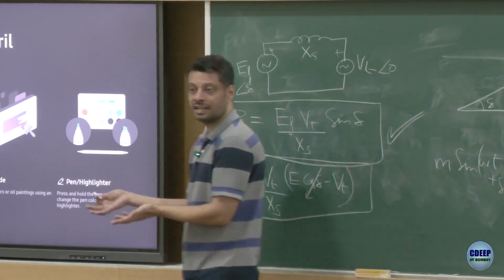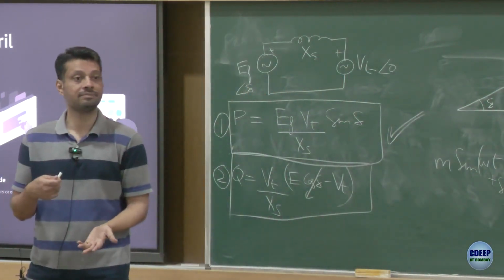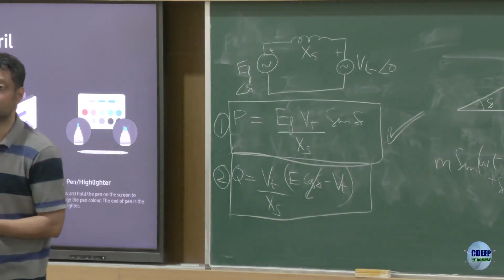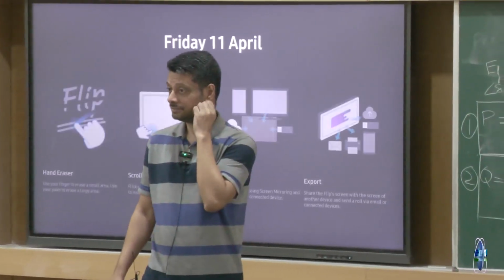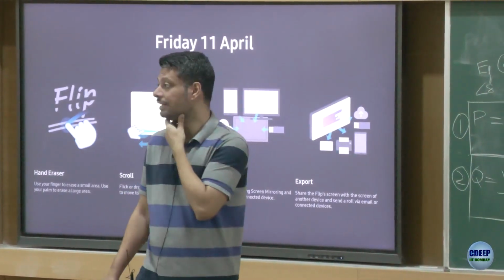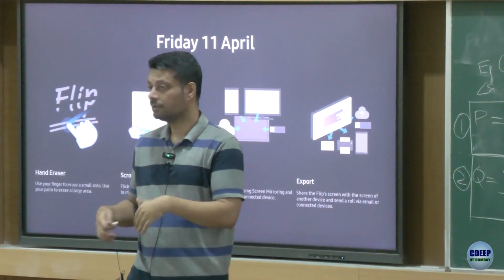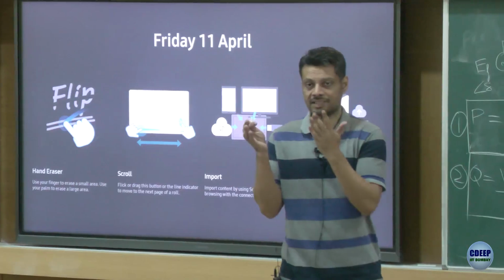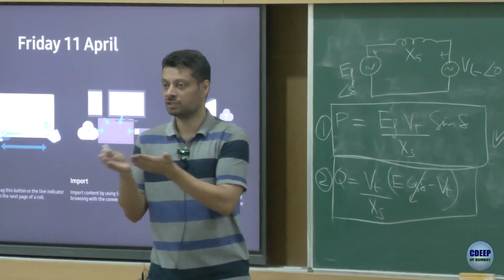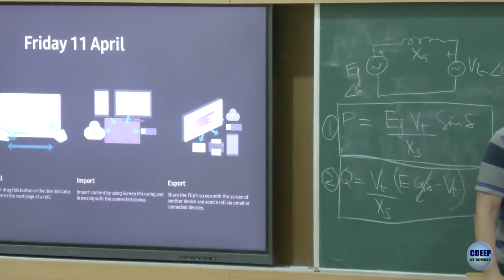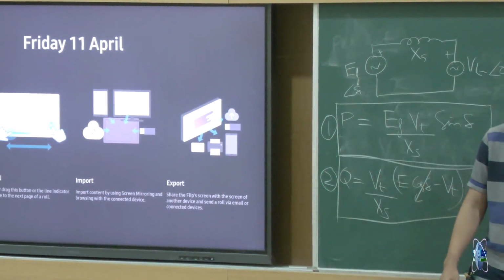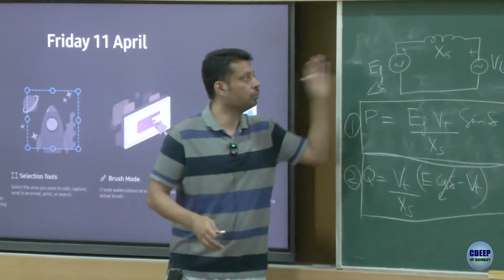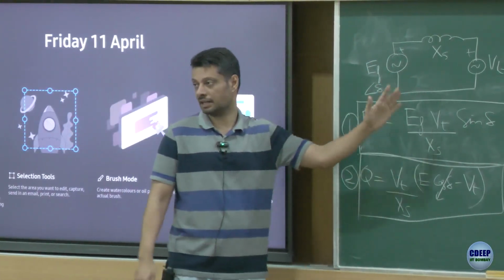If it is a synchronous generator, you can control the magnitude of E using the field current. If you provide more field current, you get more E, since E equals 4.44 N f phi m. If it is a power electronic converter, you can control E using the reference waveform. Either way, you have control over E and you can control Q flowing in either direction.